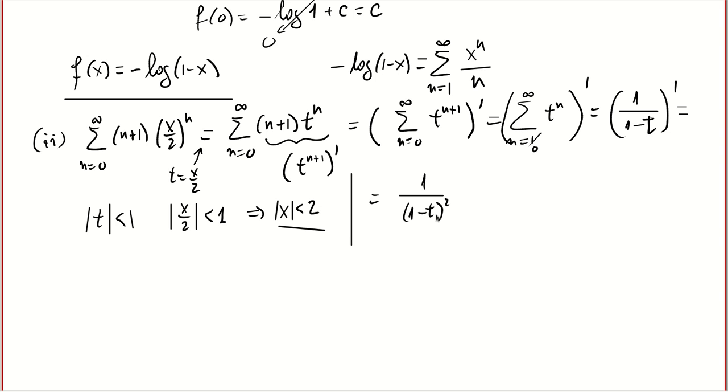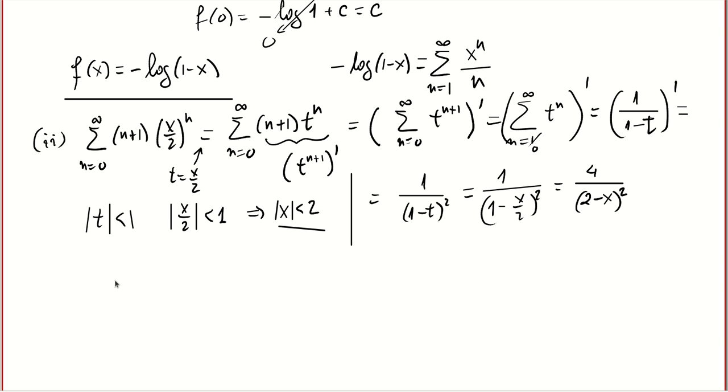All we have to do is replace t by x half. So if we replace t by x half, what we have is 1 over 1 minus x half squared, or if you multiply and simplify, what you get is 4 divided by 2 minus x squared.